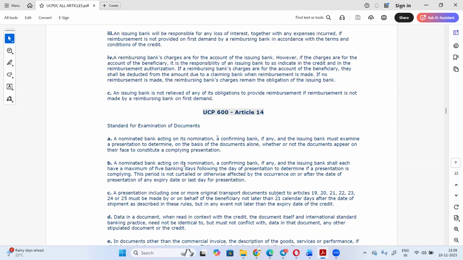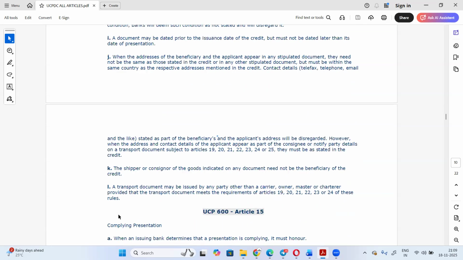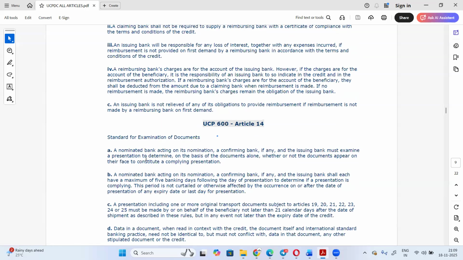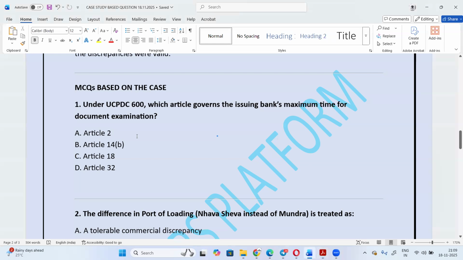So 14B talks about the nominated bank acting on its nomination, a confirming bank, if any, and the issuing bank shall each have a maximum of 5 banking days. Article 14 has A, B, C, D, E, F, G, H, I, J, up to L. So you can understand how deep a single article is written. If you remember this, only then can you answer. So Article 14B is the correct answer in this question.